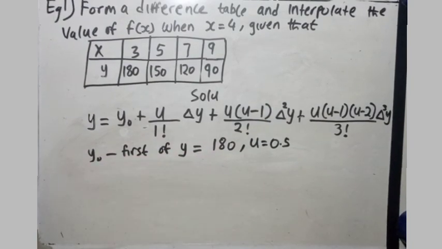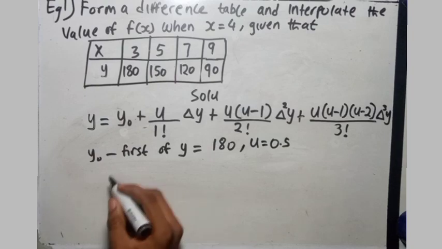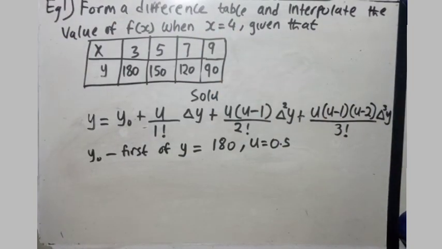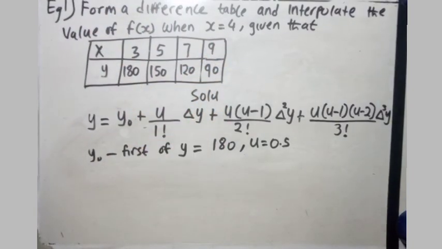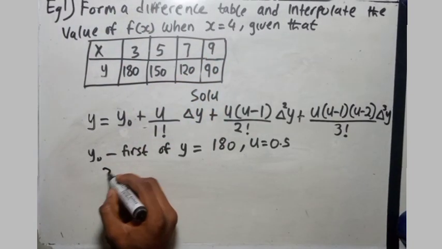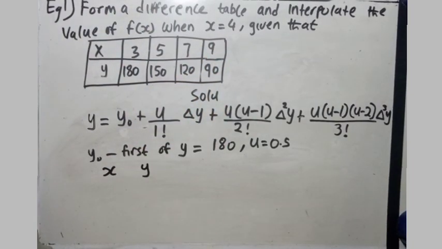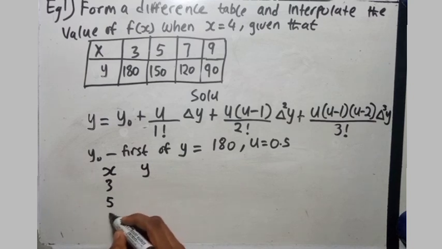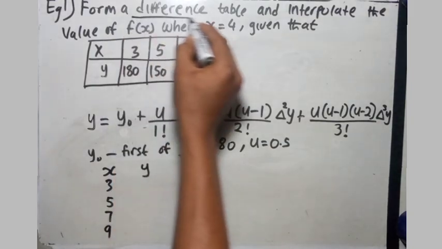Now let's get our change in y values. How we do this, we represent what is initially given to you horizontally, we will now make it vertical. We'll be having our x and our y here, x being 3, 5, 7, 9. What we are trying to do is get the difference table.